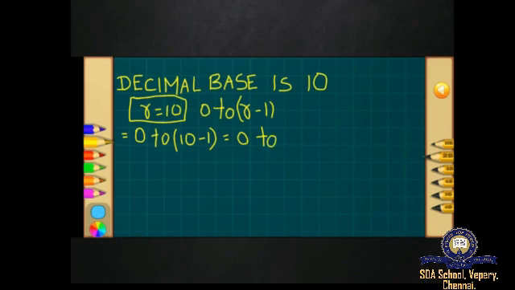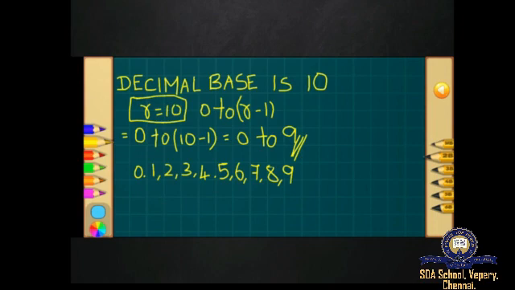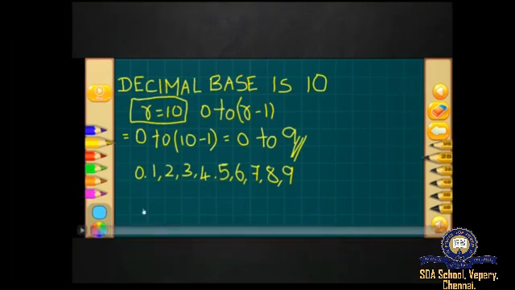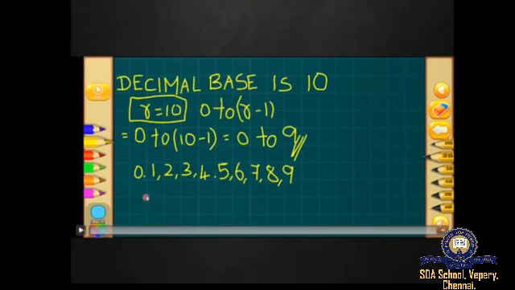That is 0 to 10 minus 1, we get 0 to 9. From 0 to 9 we have 0, 1, 2, 3, 4, 5, 6, 7, 8 and 9. So these are the 10 different digits we have in the decimal number system.